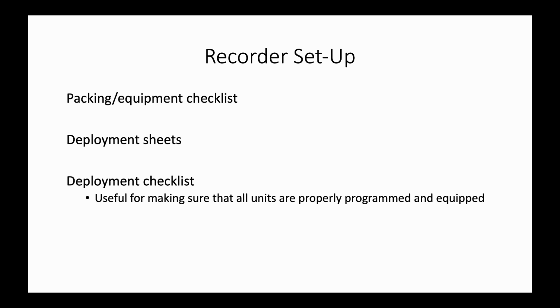So it can include things like changing the batteries, both the large batteries and the coin batteries if you're using Swift recorders, setting a schedule, making sure that the strap is not dangling in a way that might make noise in the wind, checking that the microphone is attached and has a windscreen, things like that that are relatively obvious when changing a single recorder, but if you're doing 20 or 30 units in a day, they provide a good source of consistency so that you're not later wondering whether you checked each individual element.